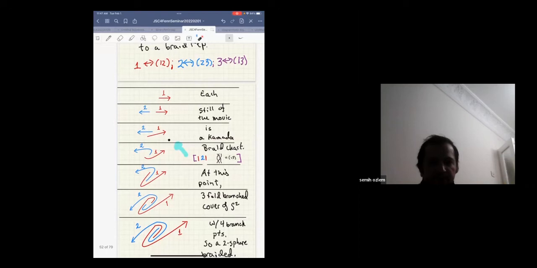Now, I thought that this was just a typo, but in fact, what I want to emphasize at this stage is that if I go from this base point and I cross 1, go around 2, and I come back again, then the sequence of words that I'll get is going to be, well, if I just read them without orientation, it would be 1, 2, 1.